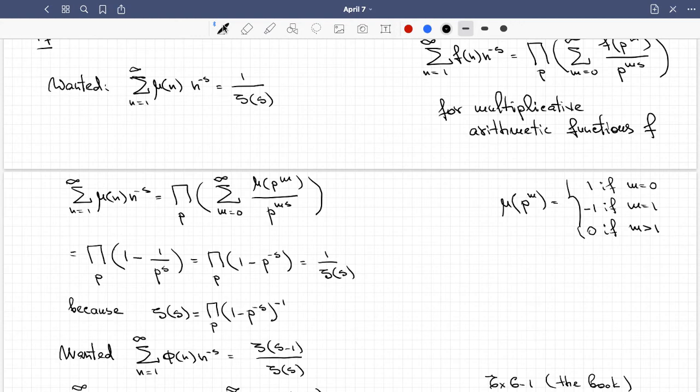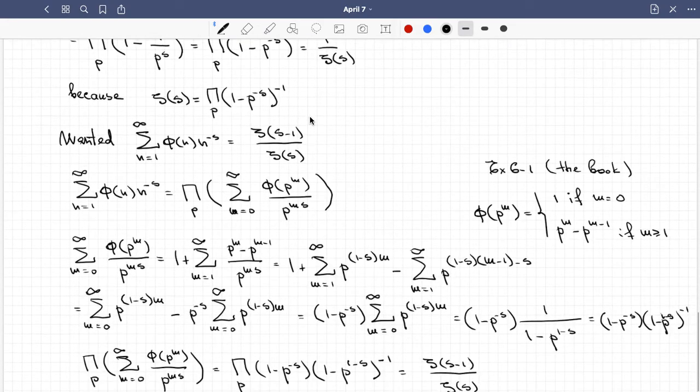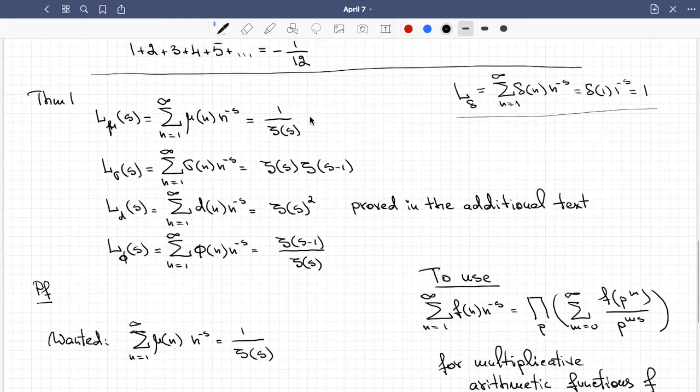So I believe that out of these 4 identities, we proved 2: we proved this one, and this one is proved in the additional text.